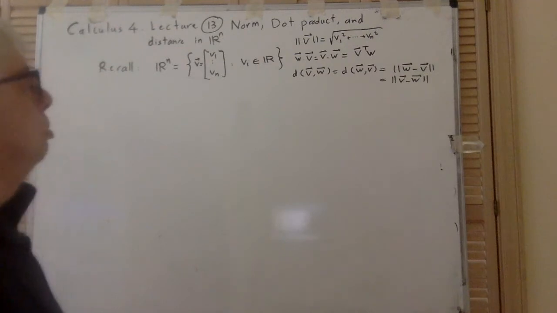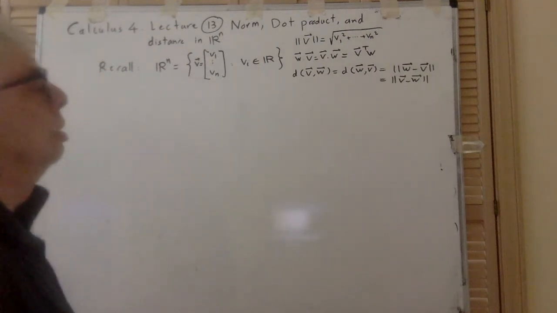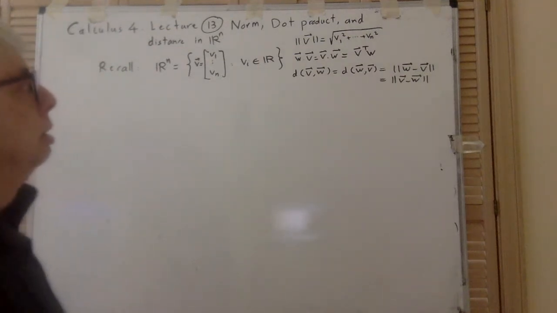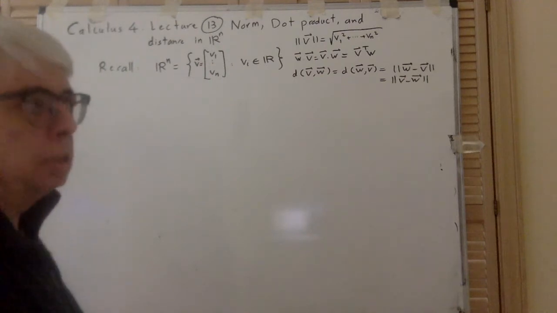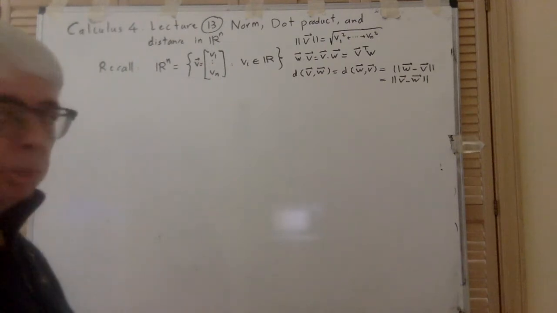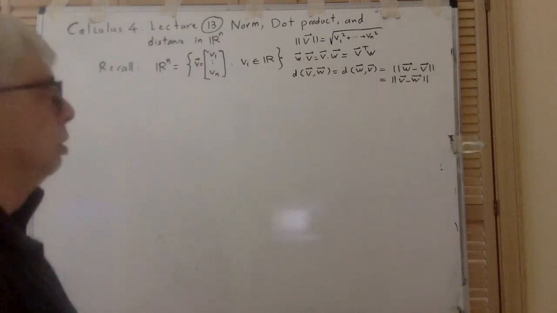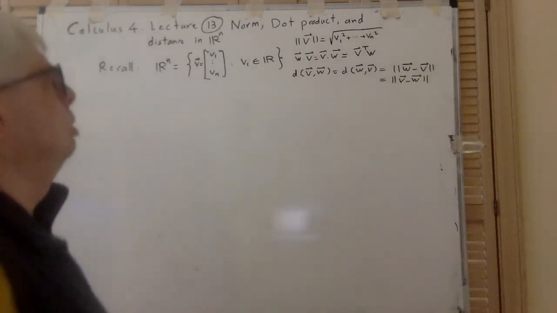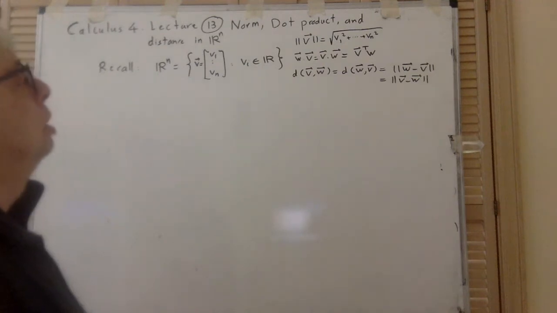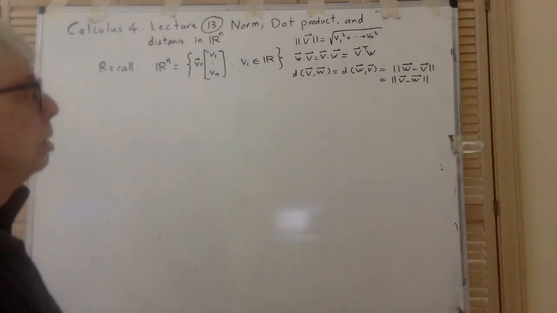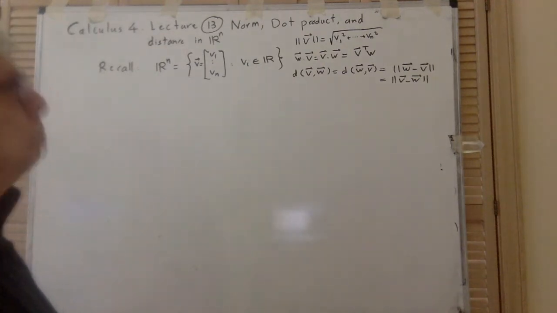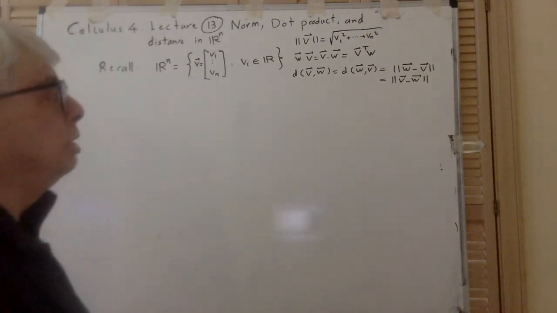Now we want to do something in this space, like finding distances and measuring something, not just adding or subtracting vectors. So these are like measurements. The norm and distance are measurements, and you can see that they're related. In fact, distance is defined using norm.